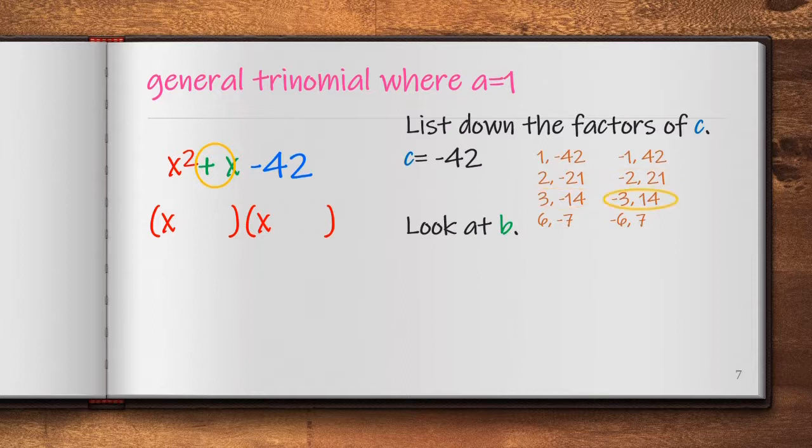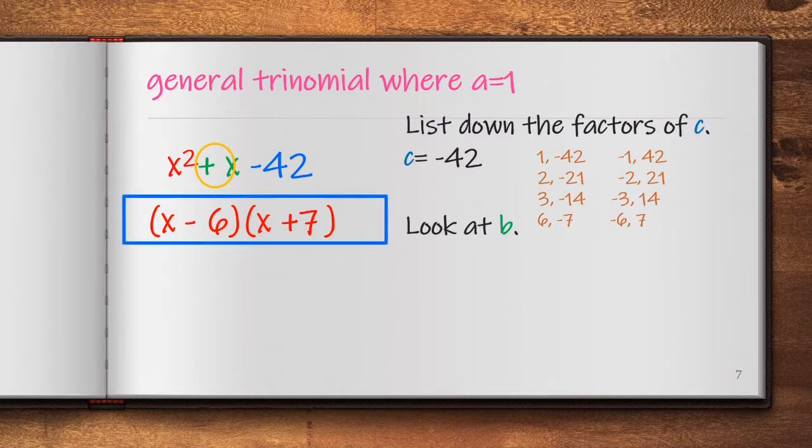Alin dyan ang magiging positive 1? Ito, negative 1 to eh. So, that's positive 1. Yung negative 6 tsaka positive 7. Because they have different signs, 7 minus 6 is equal to 1. So, those are the factors of x squared plus x minus 42.